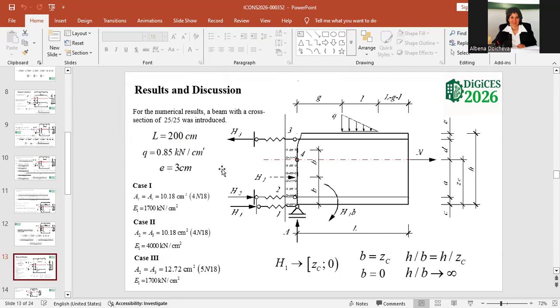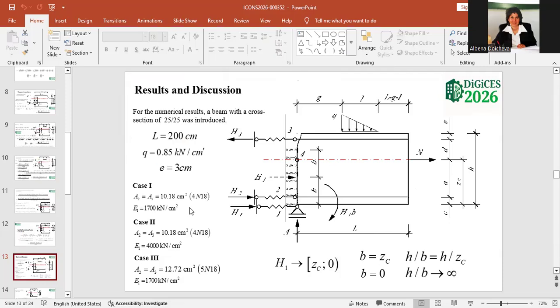We will use three cases. The first case is when we have normal concrete with modulus of elasticity 1,700 kilonewton per square centimeter, and we have 4 and 18 as the count of reinforcement bars in the top and bottom position of the beam. The second case is when we have high strength concrete and the same numbers of bars.